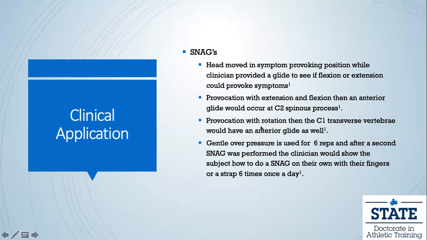If provocation with rotation, then the C1 transverse vertebrae would have an anterior glide as well. General overpressure is used for 6 reps, and after a second SNAG was performed, so like a second treatment, the clinician would show the patient how to do a SNAG on their own with their fingers or strap 6 times once a day.